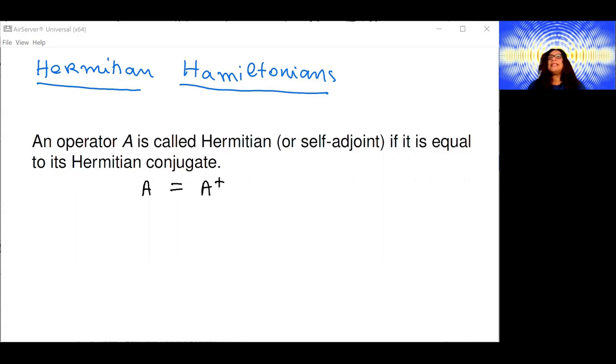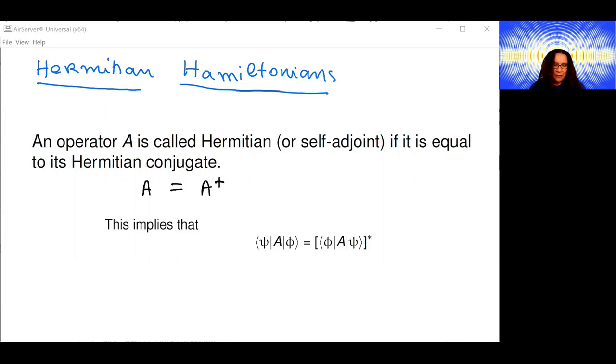Now, this is a definition which does not always work, because if you want to talk about hermiticity in a Hilbert space, many times we need to look at inner products.